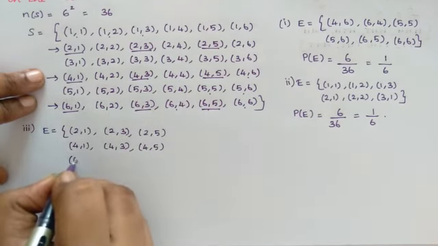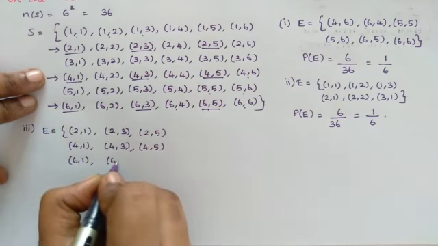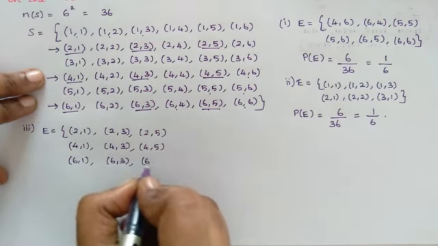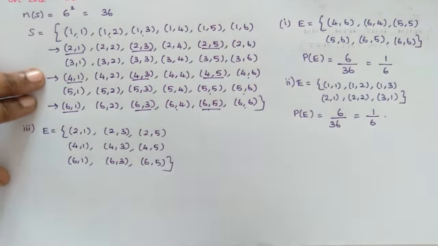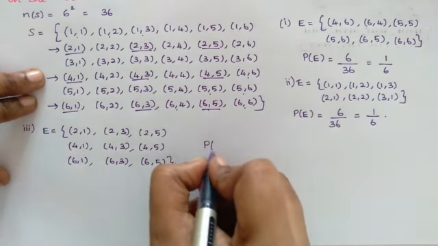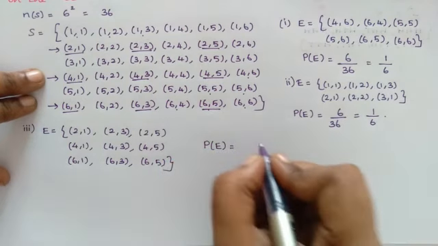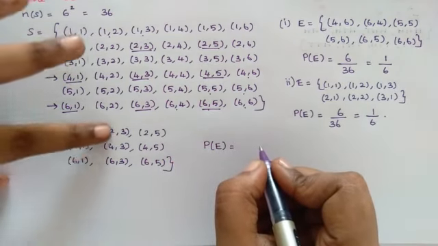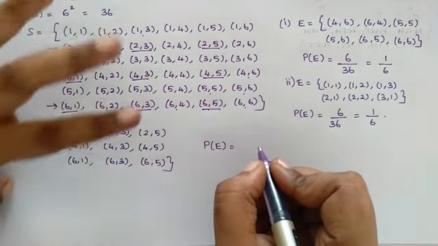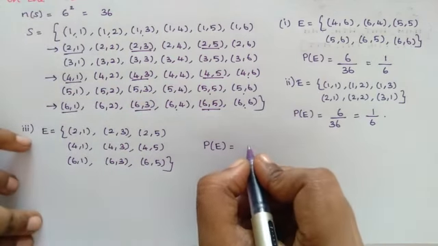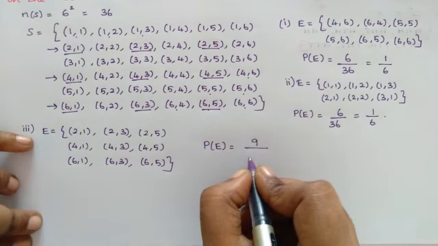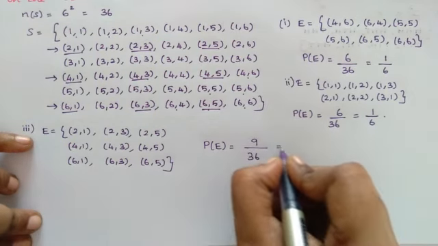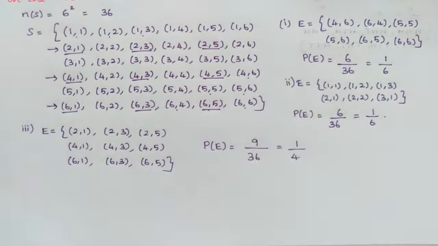Same way 6 comma 1, 6 comma 3, 6 comma 5. How many possibilities? 9 possibilities. So the probability of the event of getting a multiple of 2 on one die and an odd number on the other die: number of favorable outcomes 9 by total number of possible outcomes 36, which is 1 by 4. That's it. Hope you all understood. Thank you.